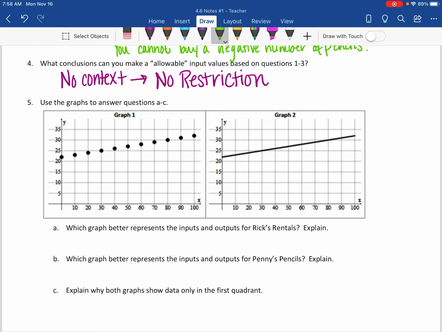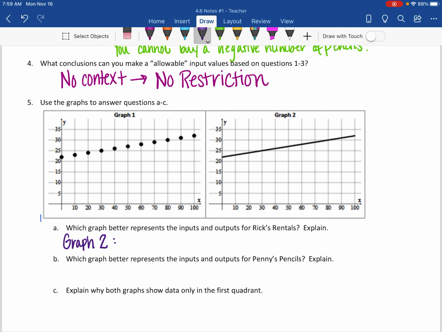Graph 1 or graph 2, and we need to explain. Okay, for me, I think graph 2 would be fine. And the reason being, you can have fractions of a mile. You can have numbers in between.